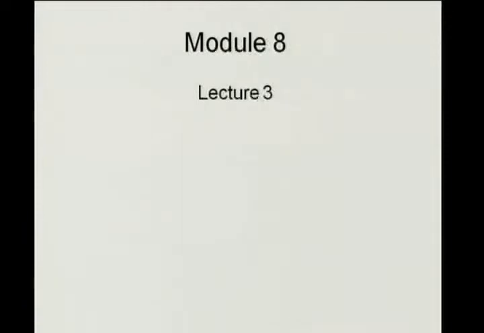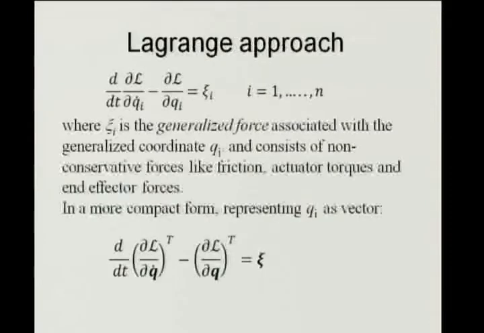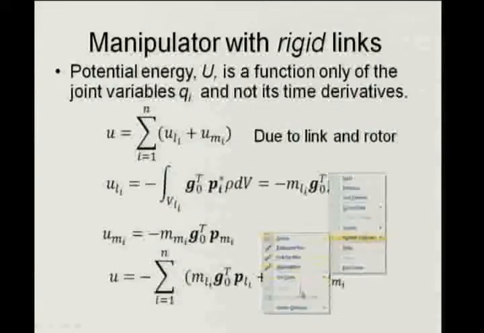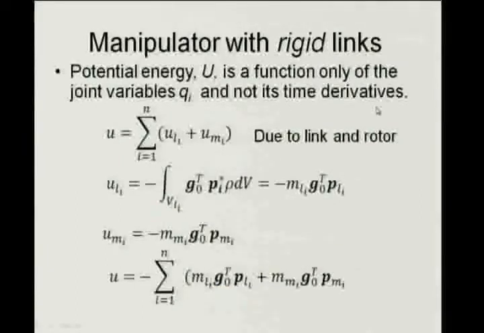Okay, so what we'll do today is derive finally the dynamics equation and study its properties. So using the Lagrange approach, we first define the potential energy, which is a function only of the generalized coordinates and not its time derivatives.